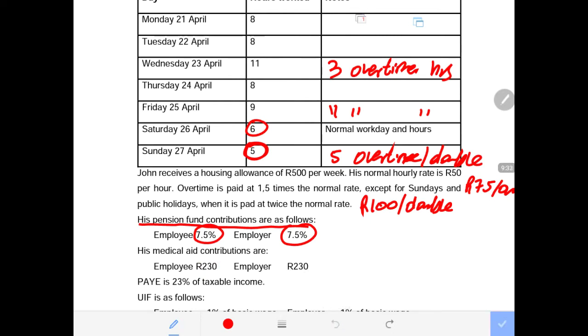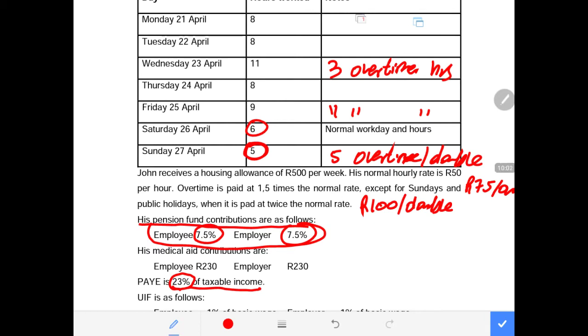Then after that we have pay as you earn, which is 23% of the taxable income. It's very important to make clear that tax is out of the taxable income, and your taxable income is after you have deducted your pension fund or your retirement annuity fund, because these are the first deductions after your gross income and they are not tax deductible.